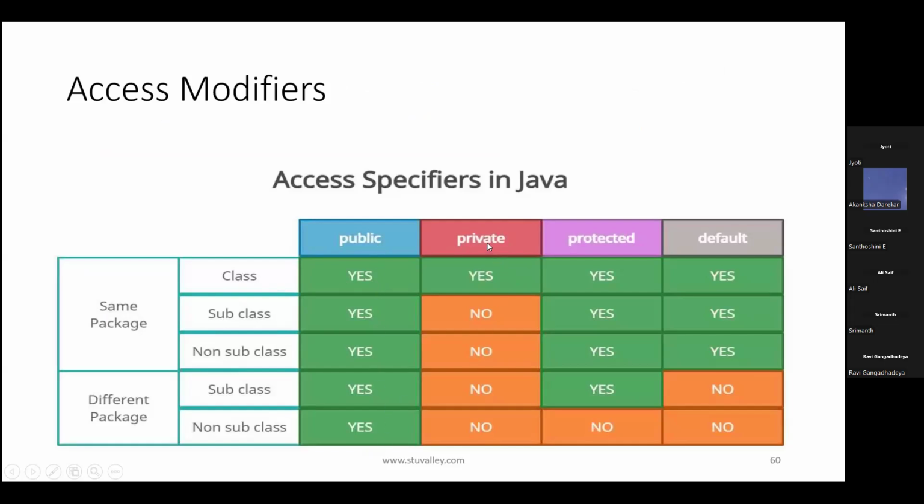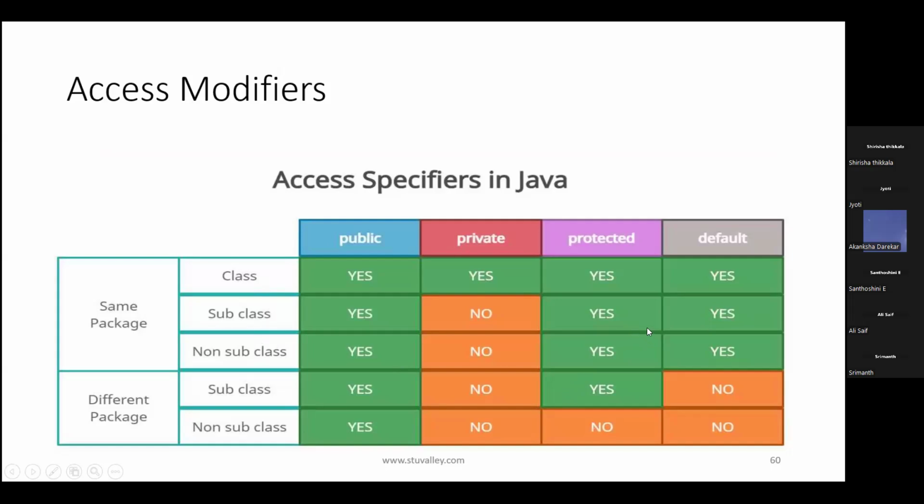If that member is private, then only within the class we can access it. If it is protected, then within the same package, and a child class in a different package can access it. If it is default, then within the package you can access it from everywhere: in the same package, the same class, subclass, and non-subclass.